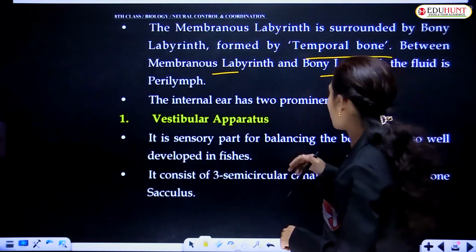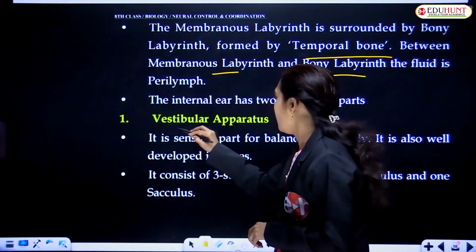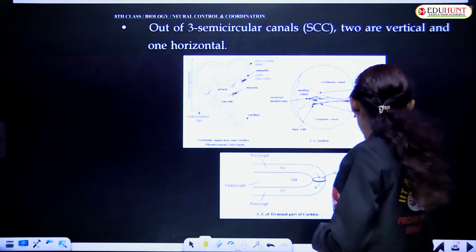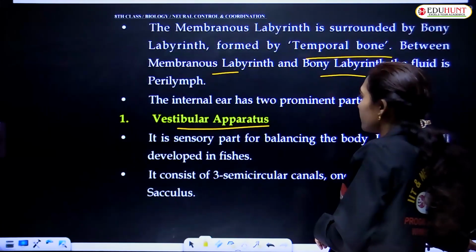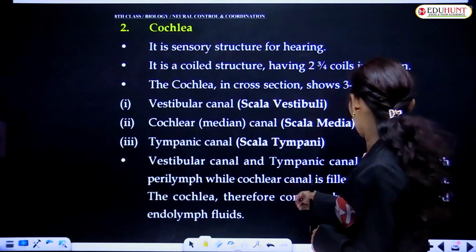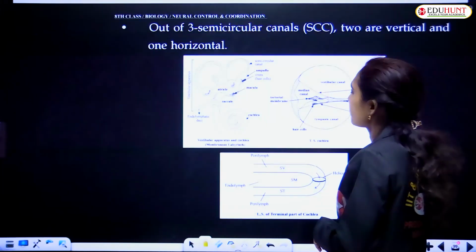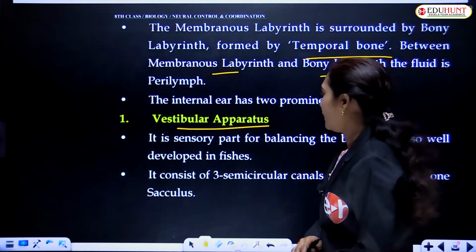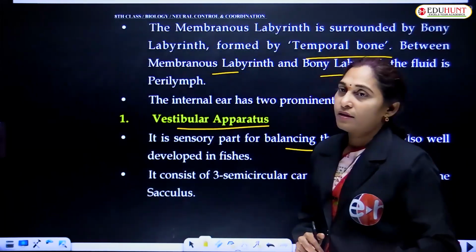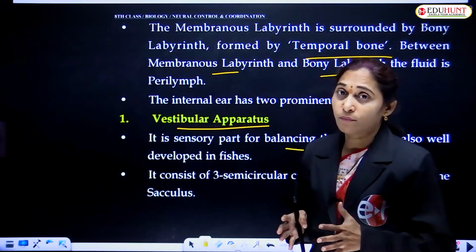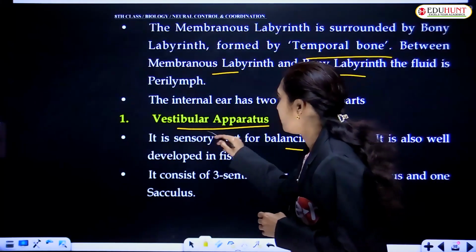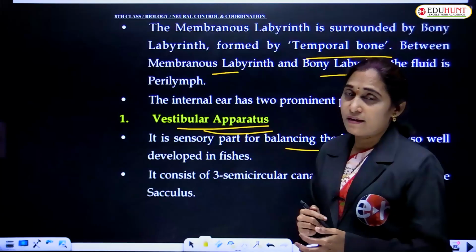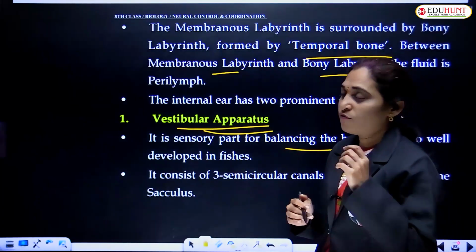The internal ear has 2 prominent parts, the vestibular apparatus and the cochlea. The vestibular apparatus is the sensory part for the balance of the body, and it is very much developed in fish.